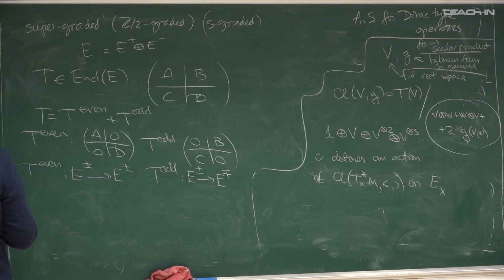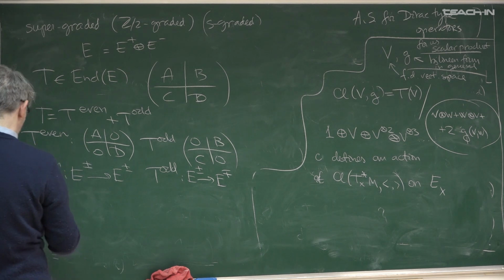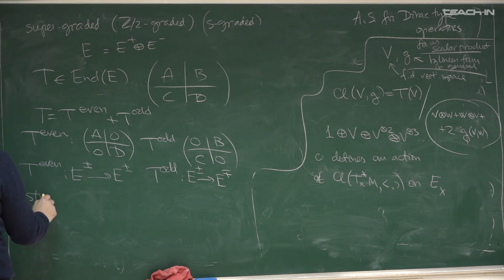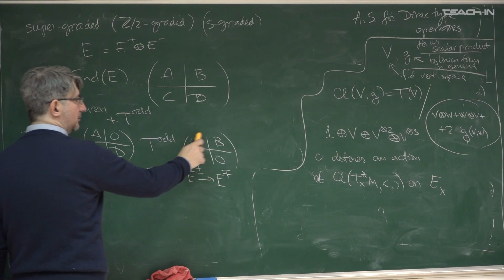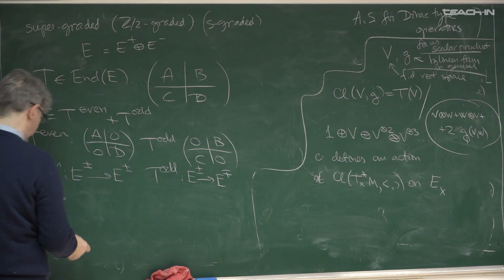Okay, so now I want to define the so-called supertrace of T. As you can guess, the diagonal part of this matrix T appears only in the even part of T. T odd does not contribute to the trace.